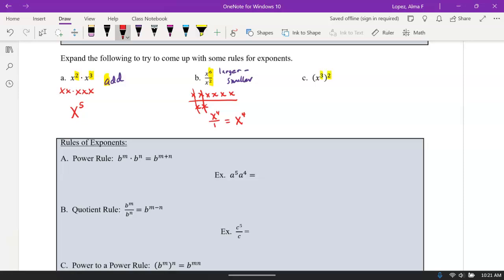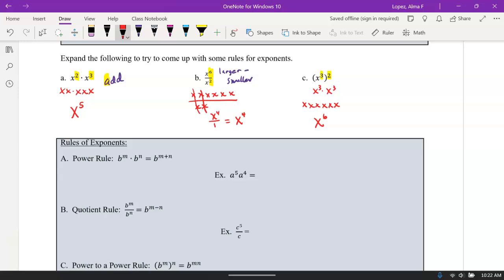Now let me explain. If I have x to the 3rd raised to the 2nd power, it means I have 2 of these, doesn't it? That's what this exponent is saying to us. But if I expand each one of those out and multiply them all together, we get x to the 6th.